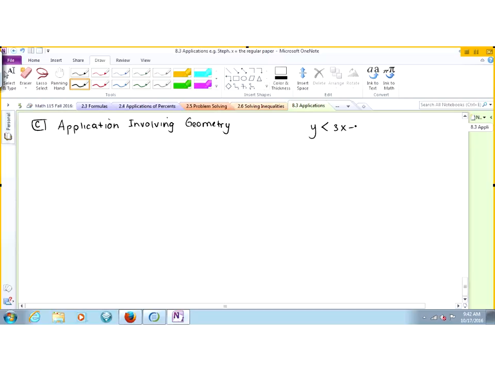For example, y is less than 3x minus 2. Do we know how to graph y equals 3x minus 2? What does this less than mean? You just create the area. That will be the menu for tomorrow. I think you could do it easily.